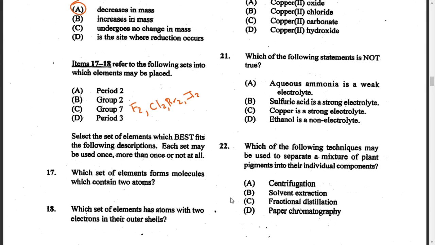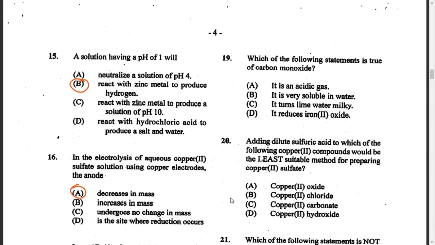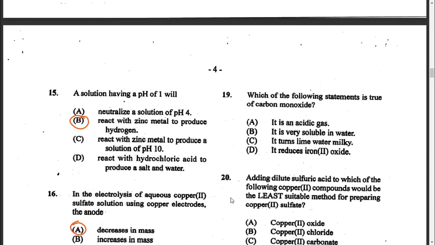Right, so that's C. Question 18. Which set of elements has atoms with 2 electrons in their outer shell? 2 electrons in their outer shell indicates that they are in group 2. So that is B. The number of electrons on the valence shell is an indication of the group that the elements belong to.